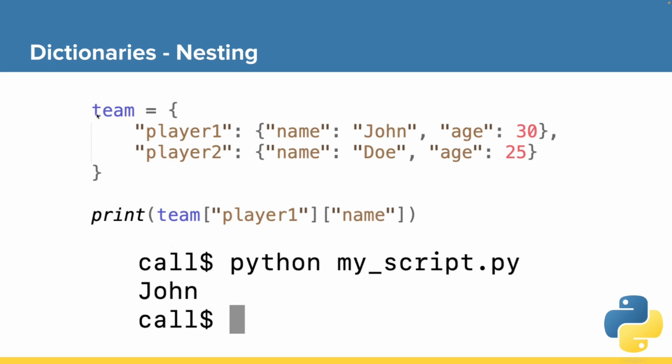So here we have a dictionary variable, our team, and that's assigned open curly bracket, close curly bracket. These two keys here, player 1 and player 2, with their associated values. Remember, we've got a key and then a colon, and then everything to the right is a value.